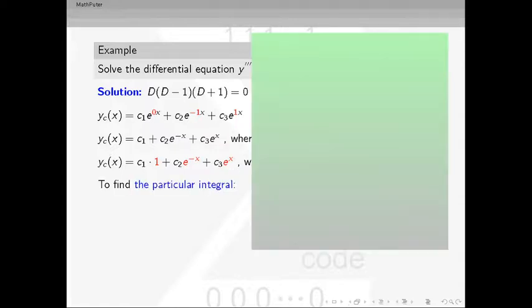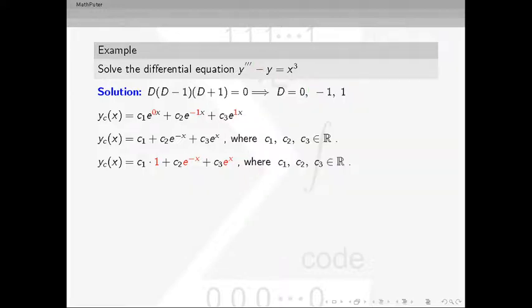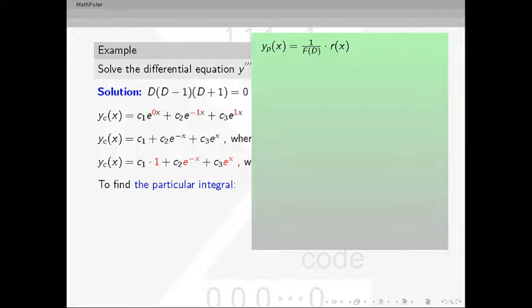Now go for the particular integral. So the particular integral is this 1 upon d cube minus d into x cube. The minimum degree is this term, right? This term has the minimum degree 1. In last two examples, the minimum degree term was constant, but here it is not constant term, it is d.